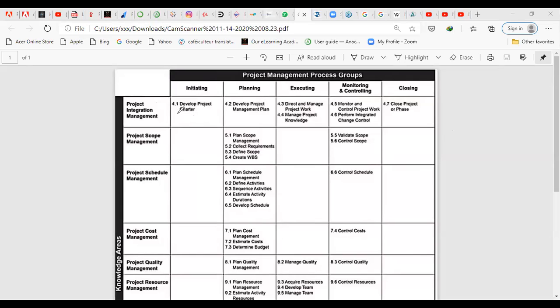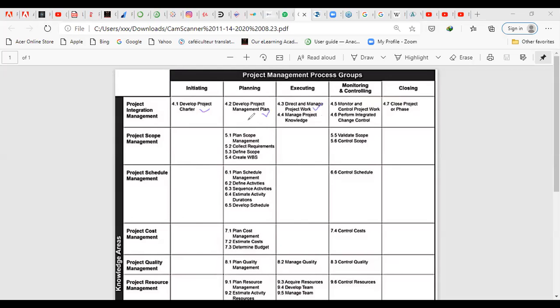With this, you see, we talked about develop project charter. It is a process. Then develop the project management plan, direct and manage the project work, and then we have manage project knowledge.